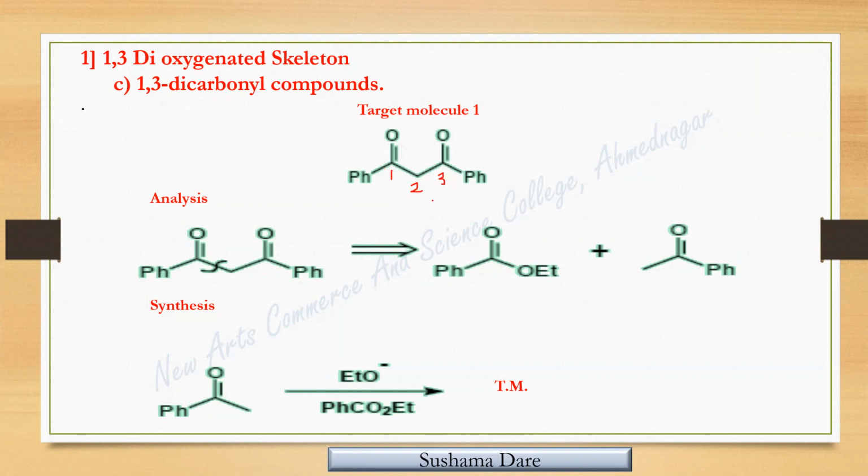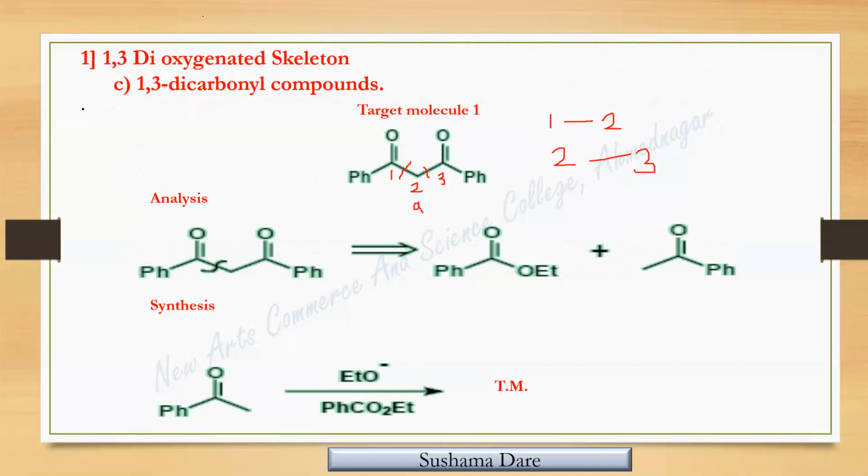Whenever a 1,3-dicarbonyl compound is there, the best disconnection is either here or here, that is, either 1,2 or 2,3. Always, this number 2 carbon is an alpha carbon.